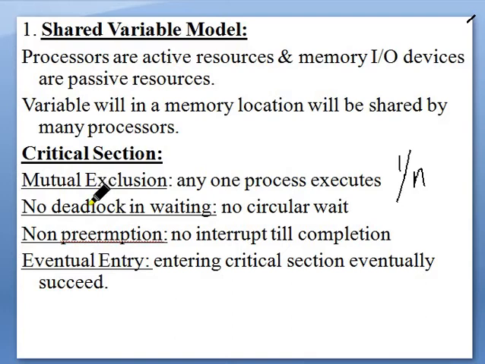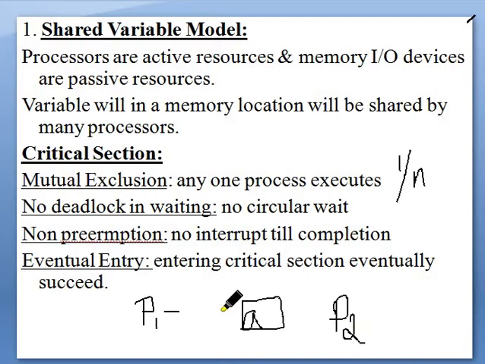Okay, so the next one is no deadlock in waiting. If there is a waiting state, because of waiting there should not occur a deadlock. See here, there is a variable called A, and there are two processes called P1 and P2.